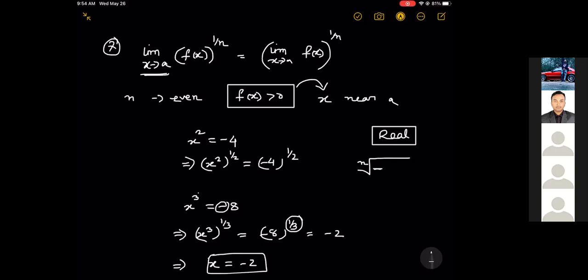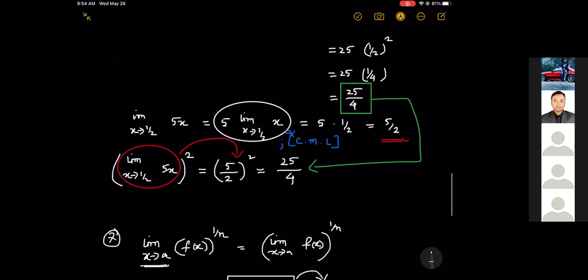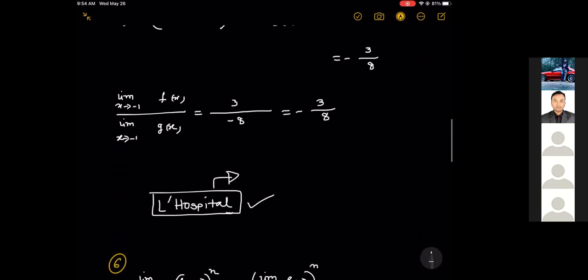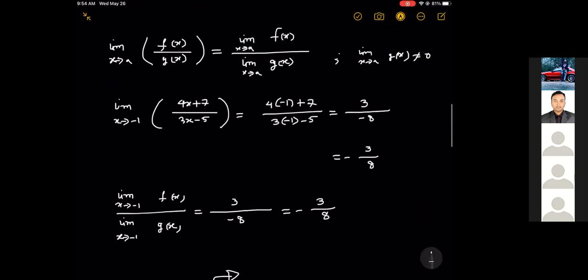I have actually said it, and I have already used it, to be honest. Can you relate to any of the problems where I've used it? I guess for the quotient one, I've already used it. Yeah, here we go.